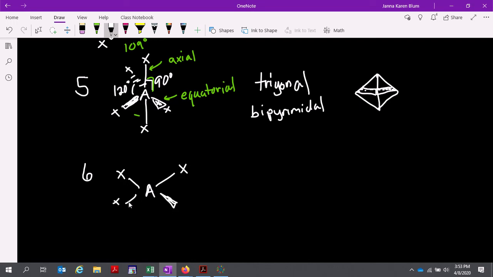These are coming out of the board, these are going back in. And then this is coming again up and down. And so this shape is called an octahedron.